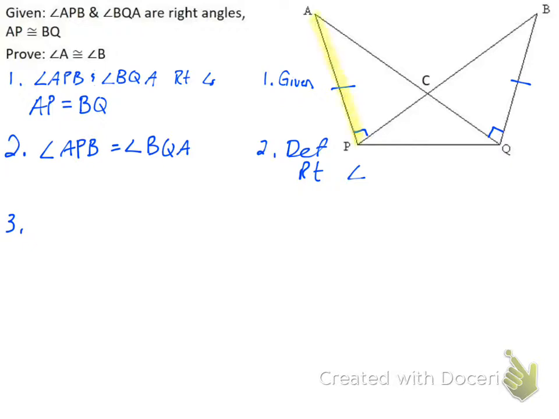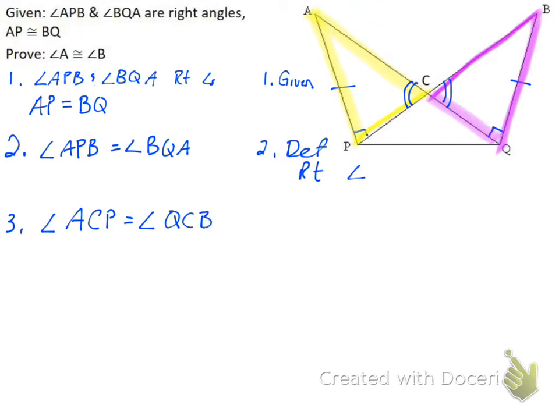So if I proved that this triangle right here was congruent with this triangle right here, it'd be a reflection, and so A and B would be corresponding parts. And so with my third step, I can see vertical angles here. So I can say that angle ACP, oh yeah, I do have a C on there, ACP is equal to angle QCB by vertical angle theorem.